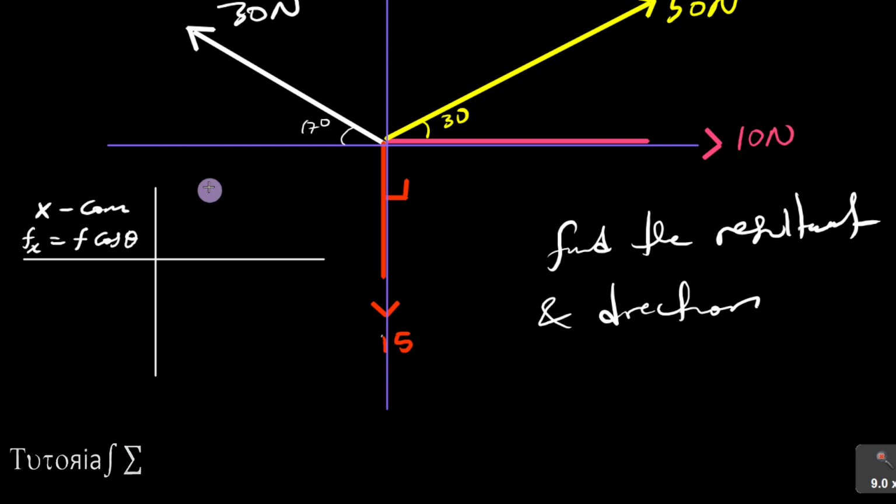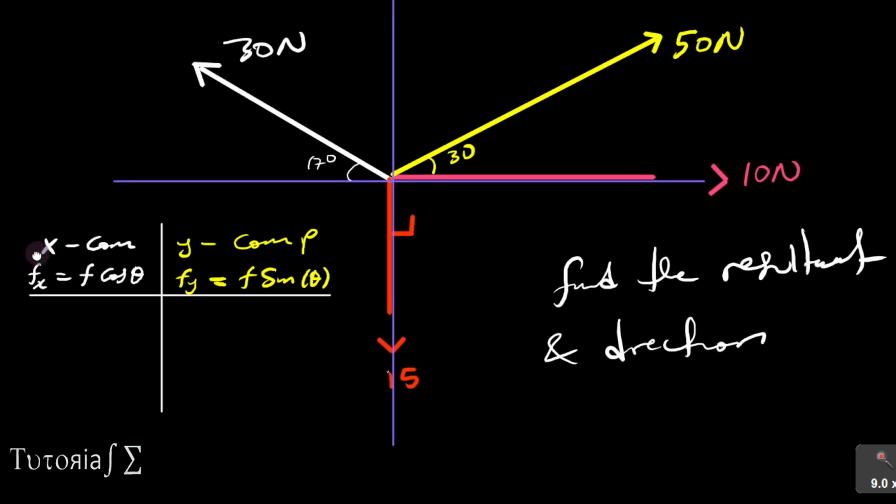And in the y component, I'll use yellow. In the y component, the force in the y is equal to the particular force we are looking for, sine the angle at which that force is at. Okay, so now for each of these forces, we'll write them into two components.